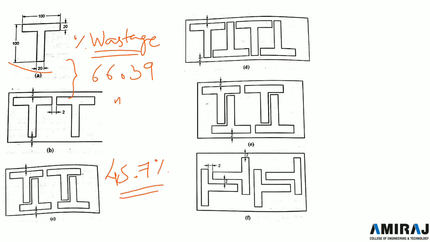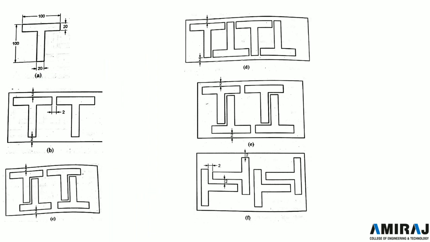For D it is 55.3%. Sorry, for D arrangement it is 100 minus 55.3, so here the percentage wastage will be 44.7.